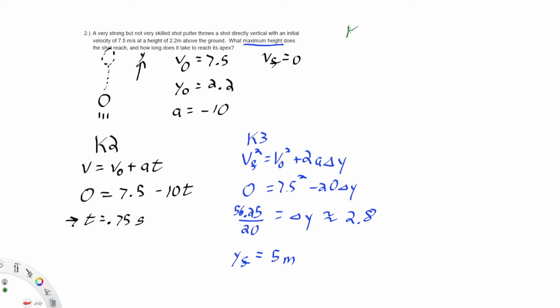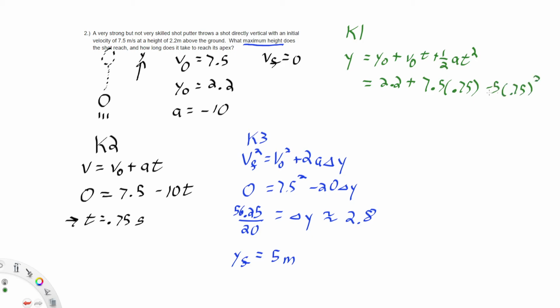You could also have said that your maximum height equals your initial height plus the displacement, and that'll also give you about 5.